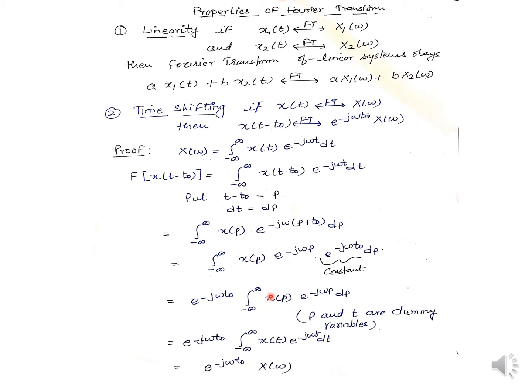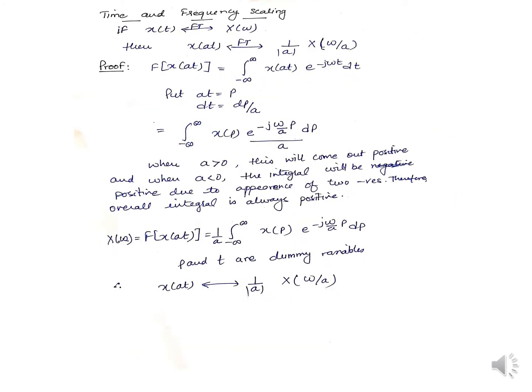It depends on the function only. In a similar way, everything depends on this, and nothing depends on what variable you are using here. So we can change it back to t again. So we can say that the Fourier transform of x(t minus t naught) is e raised to the power minus j omega t naught times capital X(omega).